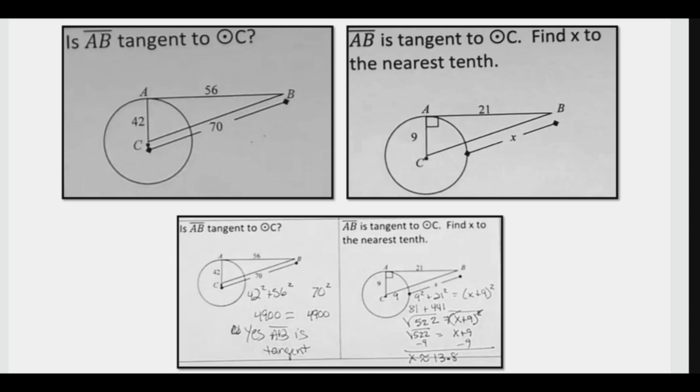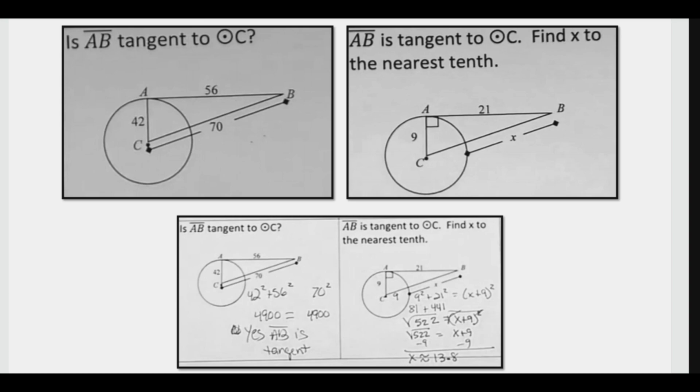Last one, we have AB is tangent to circle C. Find x to the nearest tenth. Similar to the previous example, we can use the Pythagorean Theorem. And our hypotenuse here is x plus 9 because the radius is 9.